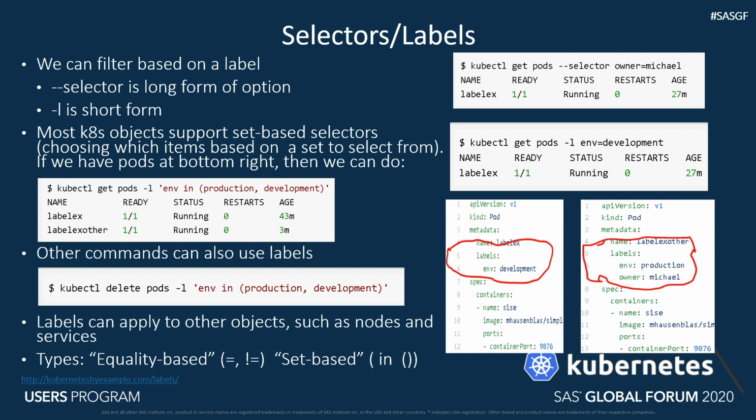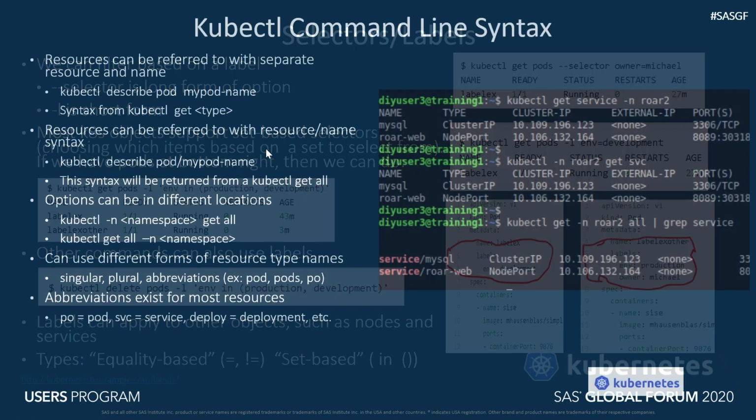And I added a label that said, like, size equals biggest out there. So I know which one we could then use and specify that size biggest when we needed to run something that needed more resources out there. So labels can apply to other objects such as nodes and services. You can have equality-based selections out there, equal, not equal to, or set-based ones as we've seen here.